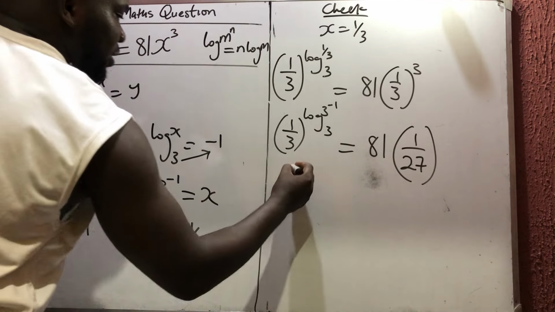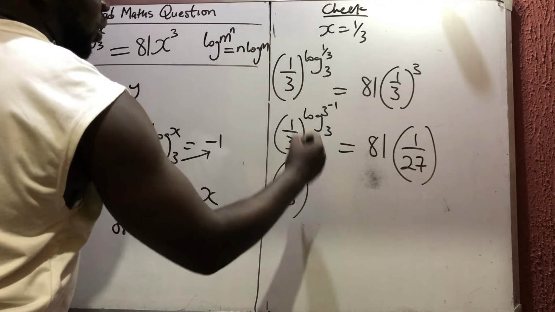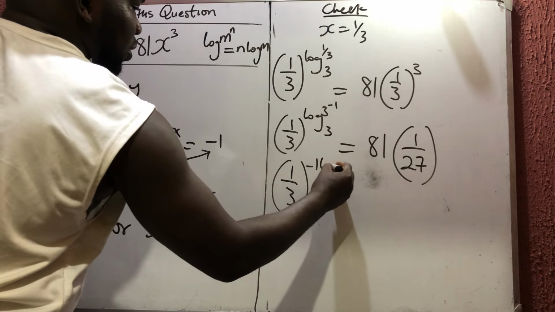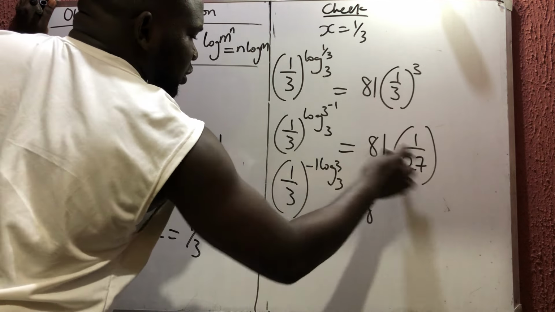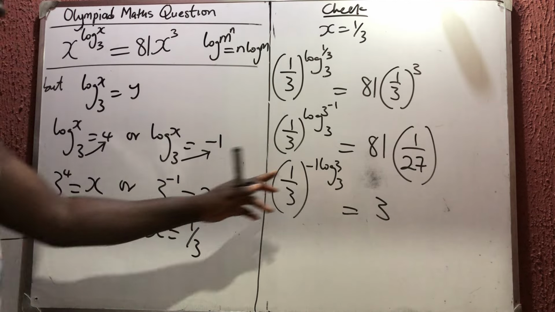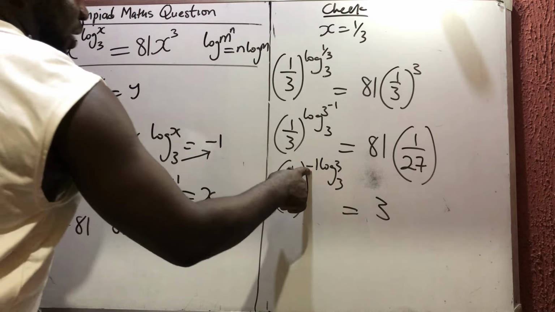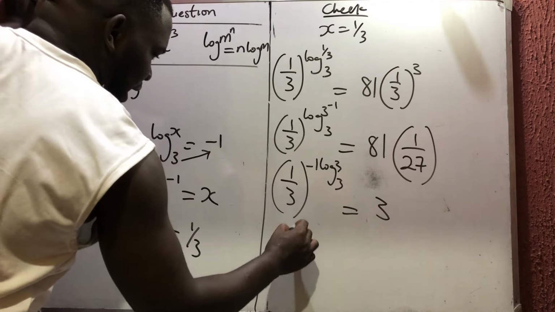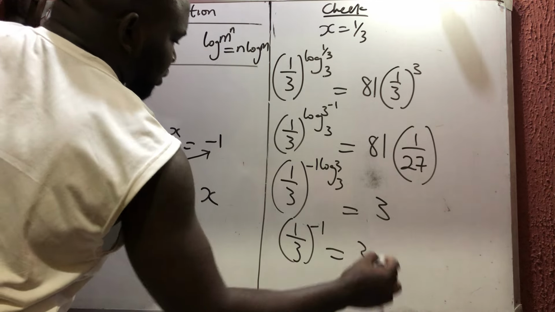So I'm going to have 1 over 3 into, according to indices, this can come to the back, minus 1 log 3 base 3, is equal to this into this, which is giving me just 3. Now, if the log and the base are the same thing, the answer is 1. So minus 1 times this is giving me minus 1. So I have 1 over 3 raised to power minus 1 is equal to 3.